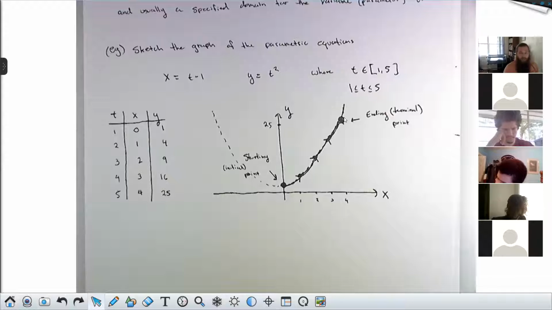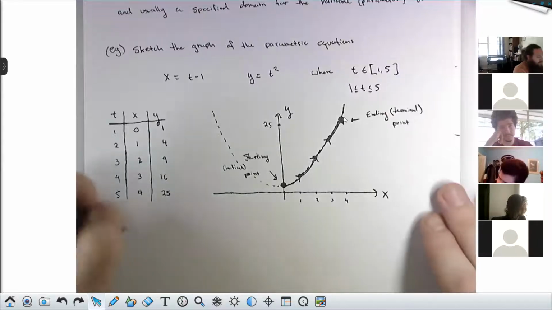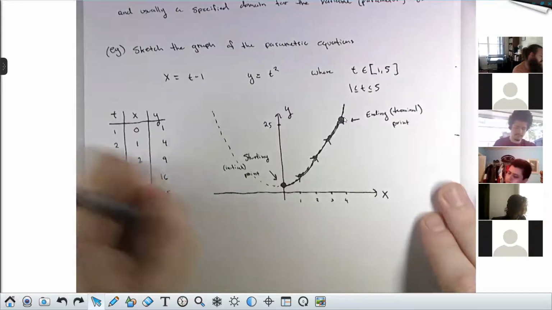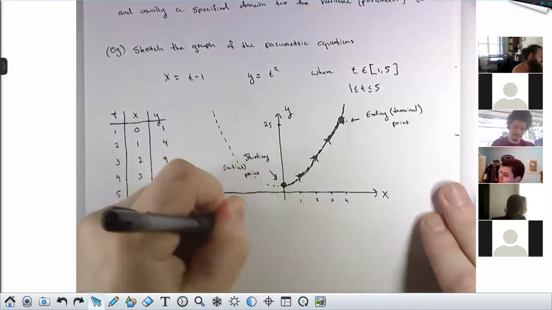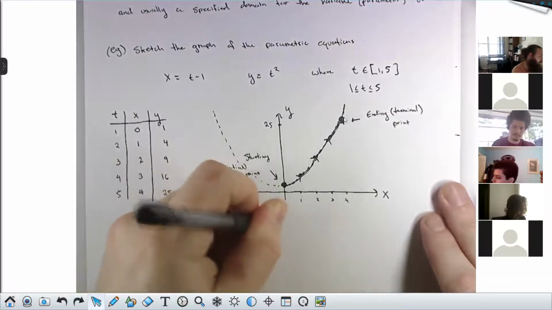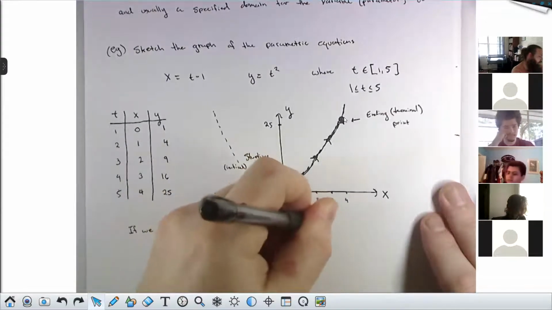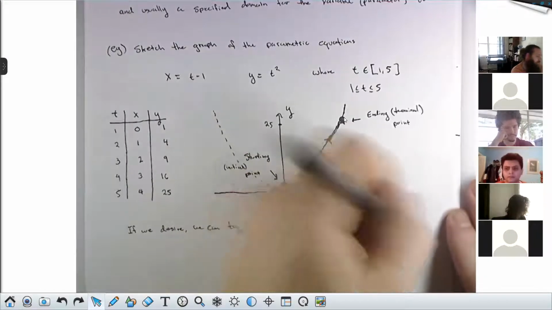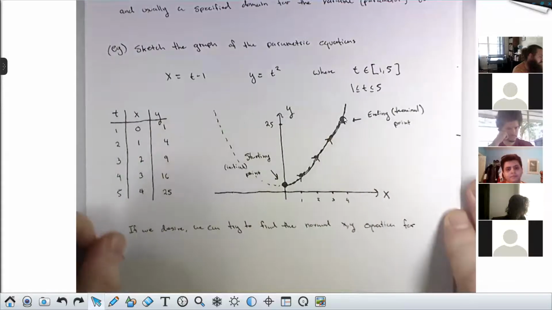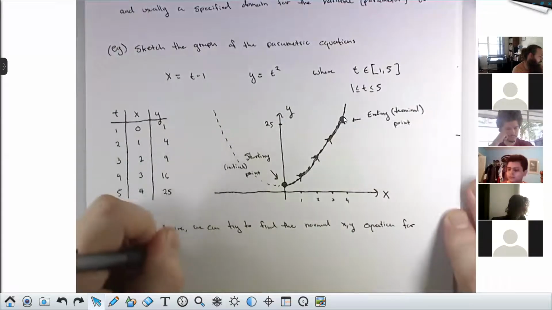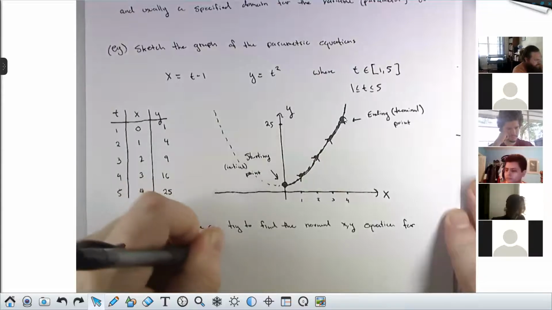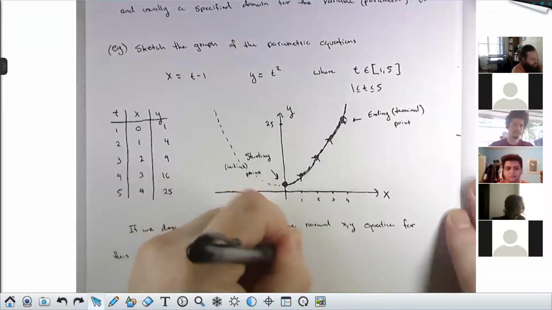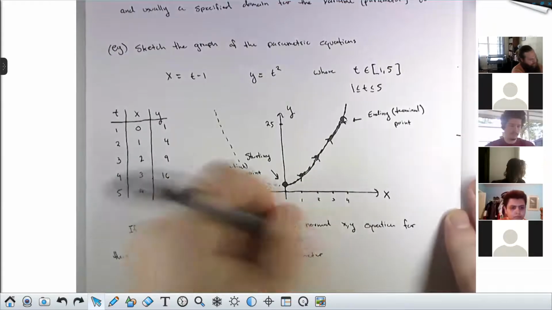Another thing you can do is called eliminating the parameter. If we want to, we can try to find the normal xy equation for this curve by eliminating the parameter t.